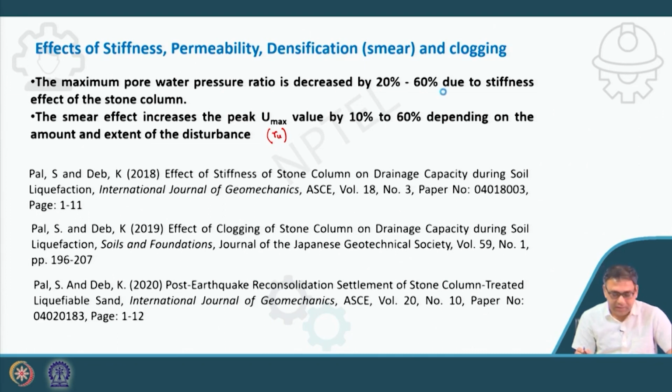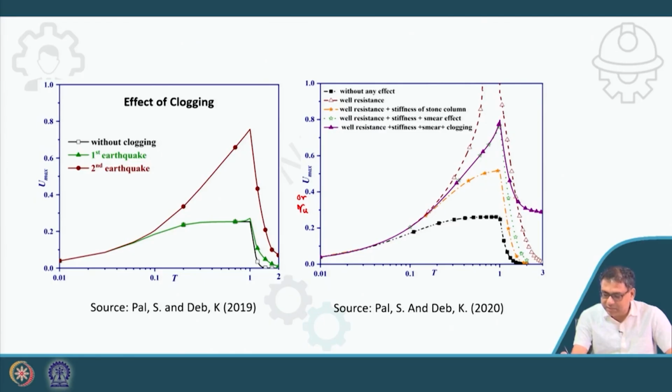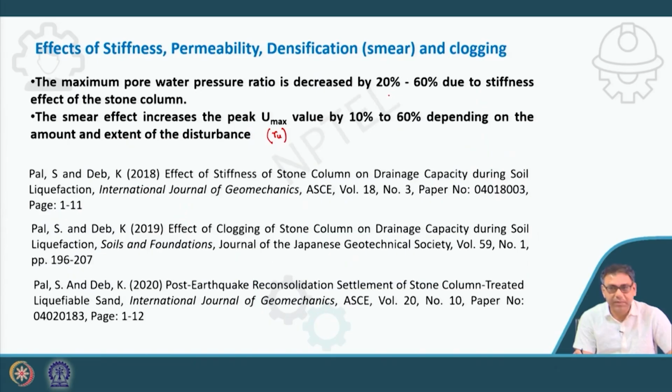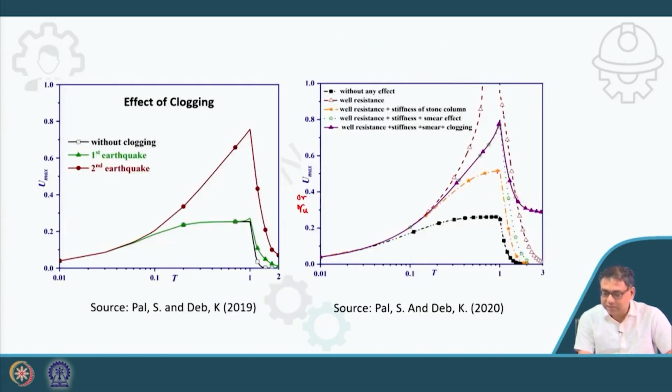So you can see that for this particular case, this is my oil resistance curve. Now oil resistance plus the stiffness of the column, this yellow curve, is further decreased because of the consideration of the stiffness of the stone column. So there is a decrease of around 20 to 60%. So this is the decrease.